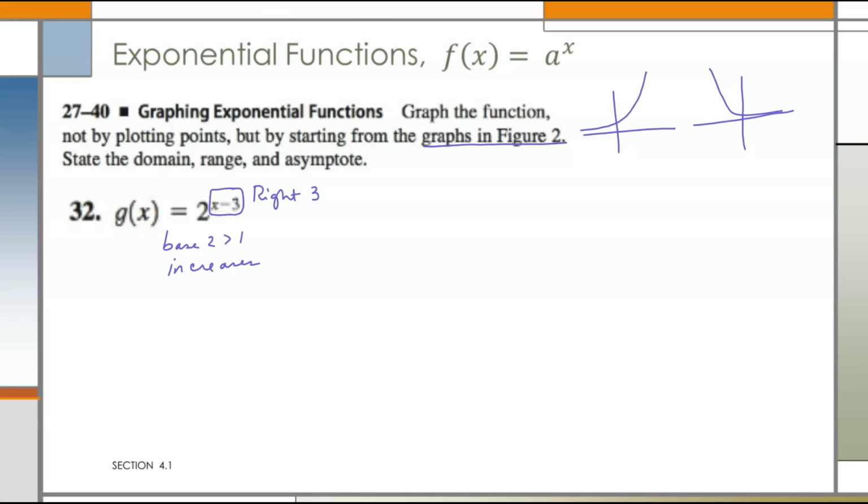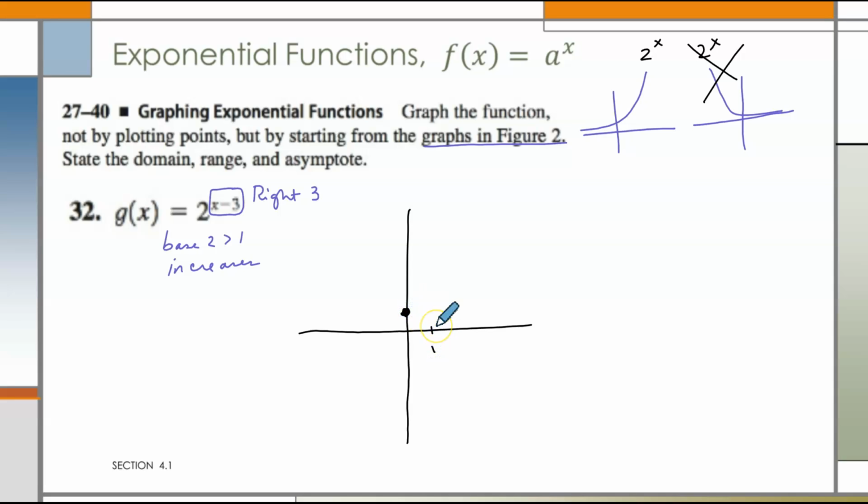Okay, so let's get a graph. Our basic graph is going to be considered 2 to the x, not this one, because that would be a base of a fraction. Here's the graph that we would be looking at. We know that it goes through 0, 1.